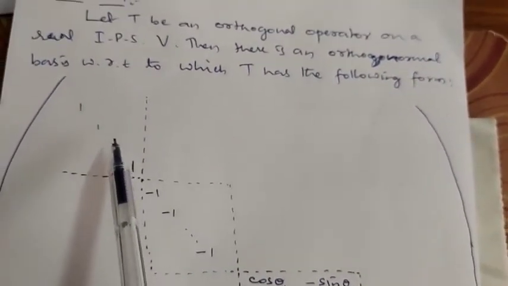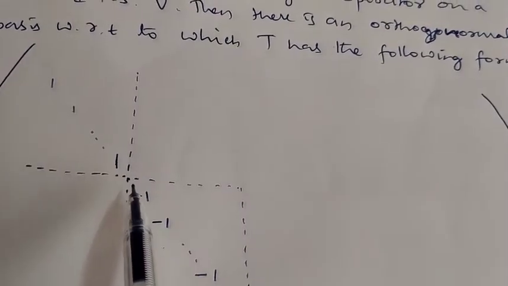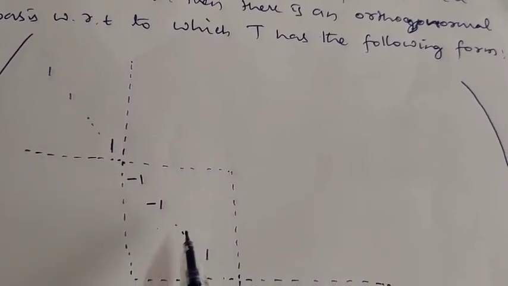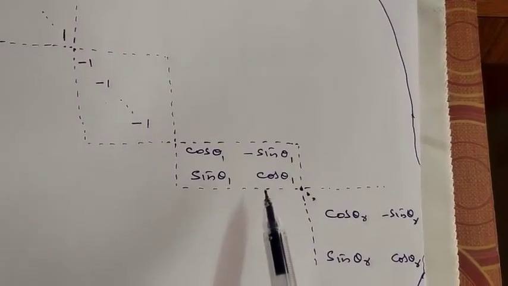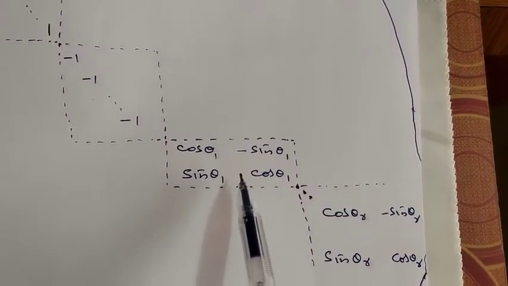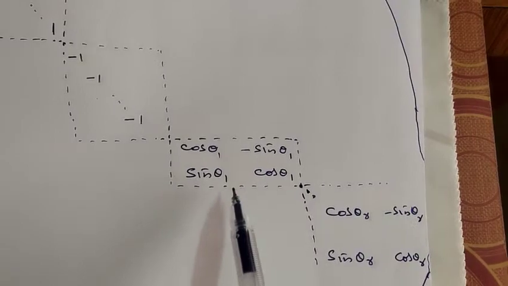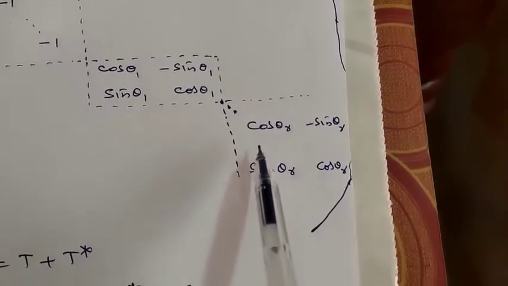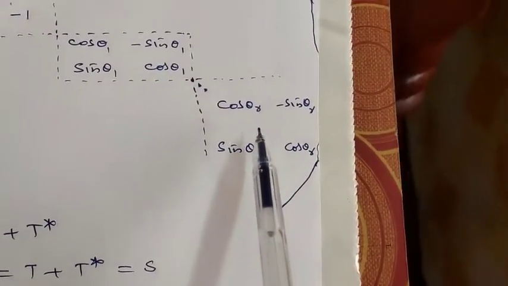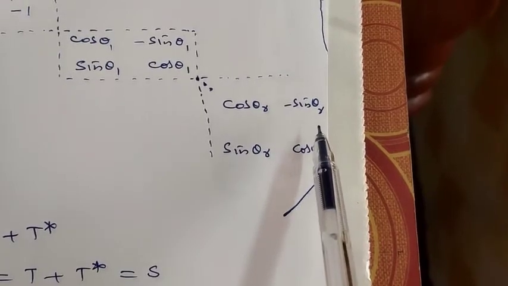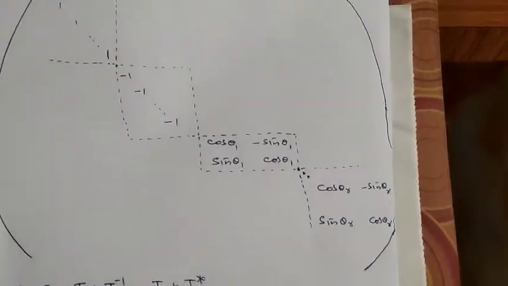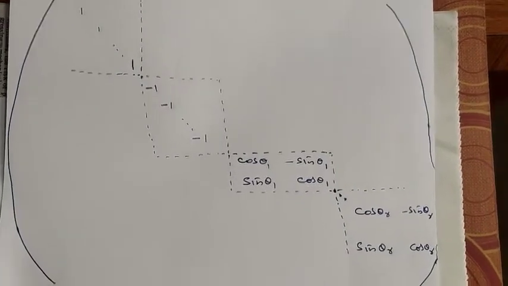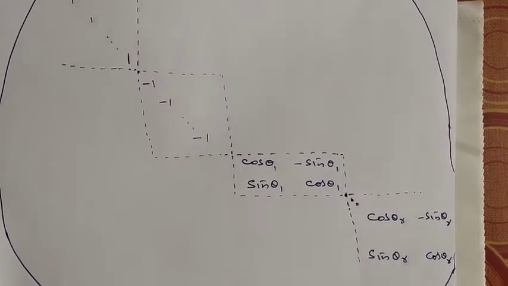It contains entries 1, 1, 1 on the diagonal, next minus 1, minus 1, minus 1 on the diagonal, and then block matrices cos theta 1, minus sin theta 1, sin theta 1, cos theta 1, up to the last, cos theta r, minus sin theta r, sin theta r, cos theta r, all under one matrix.